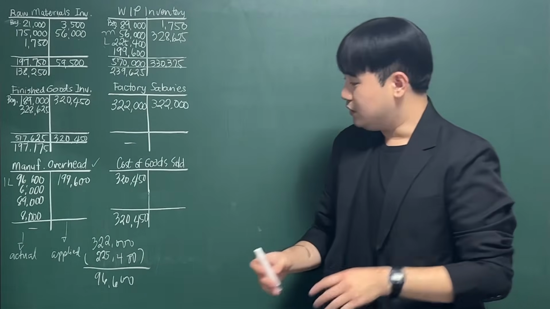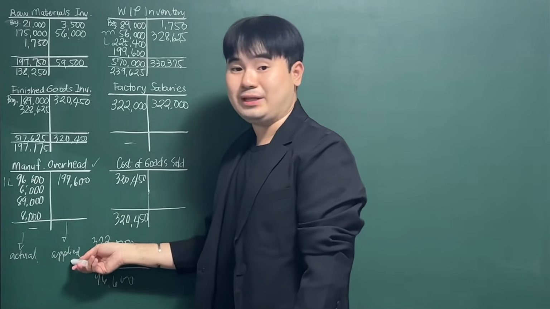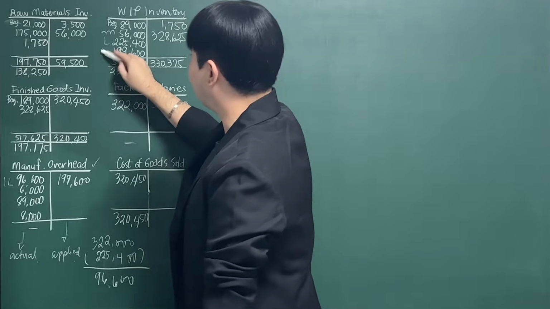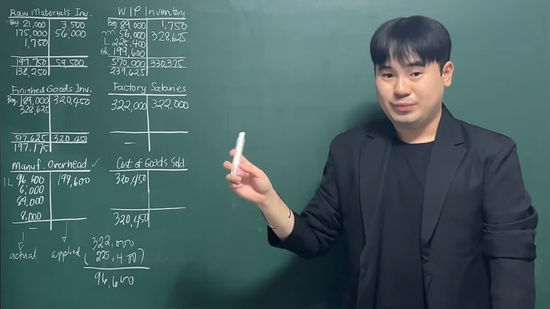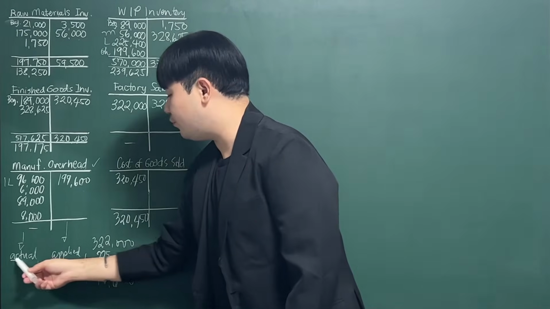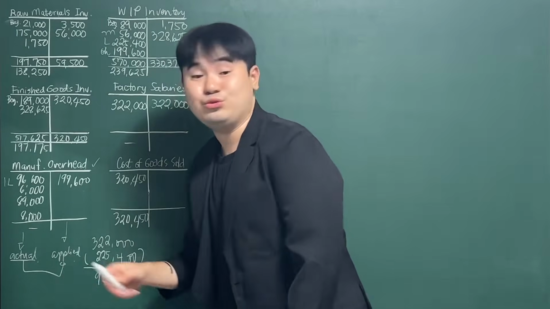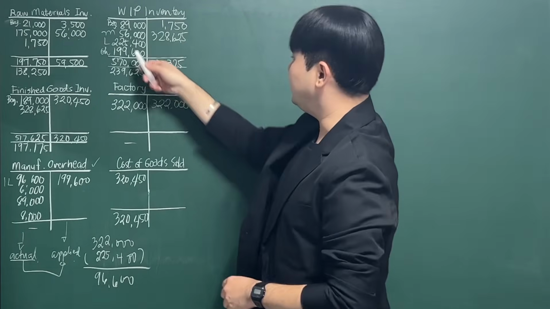Now, as you can see, the actual amount of overhead is the one that you applied to the production process. So this is your overhead, and we can say that this is an actual costing system because there is no overhead variance. The actual amount of overhead is the one that you applied to production. Okay? So, we're done with this three.